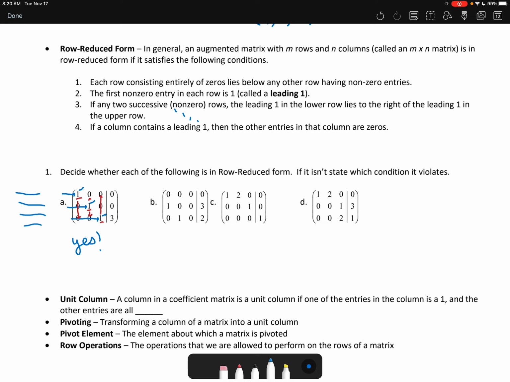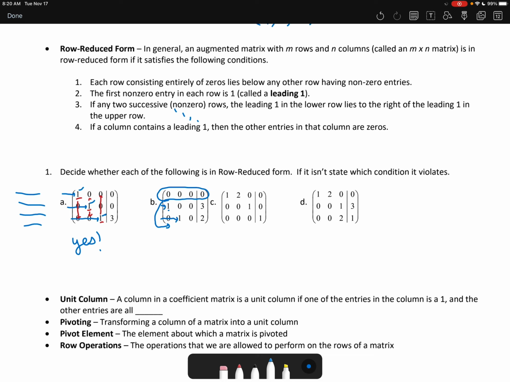Now B, I'm going to be able to say no immediately because it fails number 1. It's got a row of all zeros that needs to be moved to the bottom. So that's an easy fix, but it's definitely not correct how it is. It's actually okay in the other rules because the first thing I hit that's not a 0 is a 1.